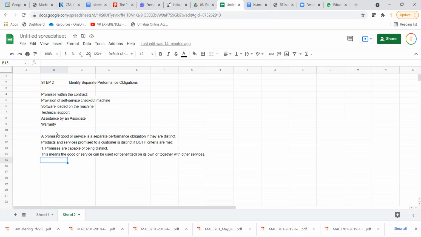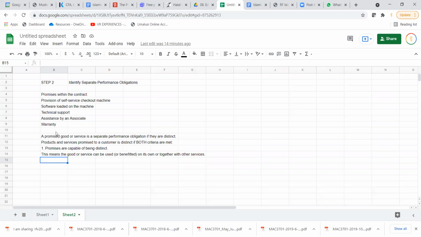What is capable of being distinct? Capable of being distinct, as we said, is you can use it or benefit from it on its own or together with other services. An indication that you can benefit from the good or service with other services is when that item is sold separately.